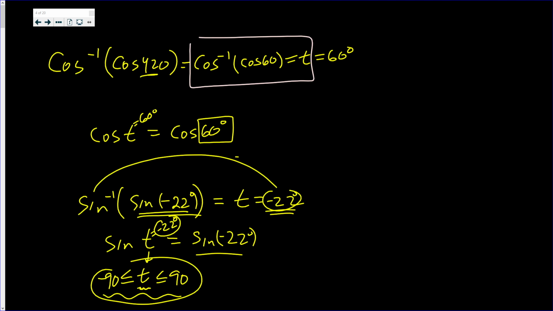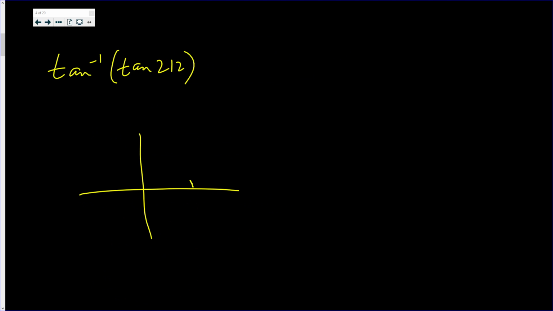Okay, so it's somewhat immediate. What about the tangent inverse of the tangent of 212 degrees? Now, 212 degrees is 180 and just a little bit more, for the record, 32 more.